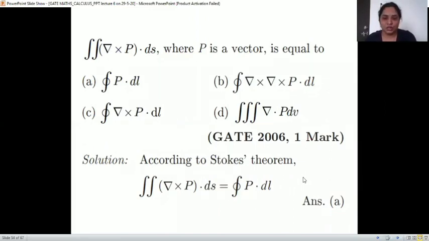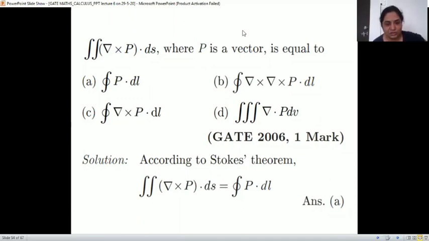Double integration of del cross P dot ds bar, where P is a vector, is equal to. This is a statement of a theorem, and we know there is Stokes theorem.